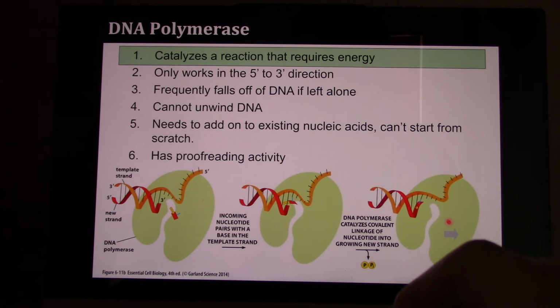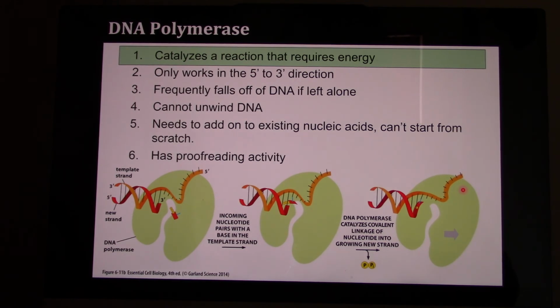And then after the polymerase has done that, you can see it's got more matches to find and more nucleotides to put together to create the growing polynucleotide strand of DNA, a nucleic acid.